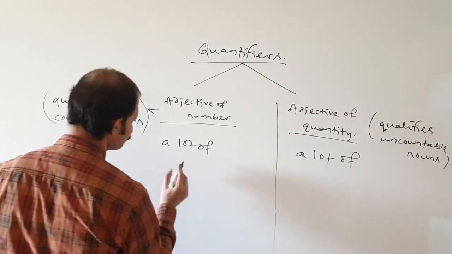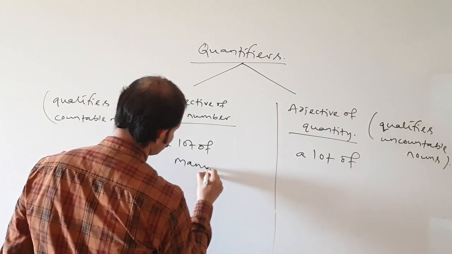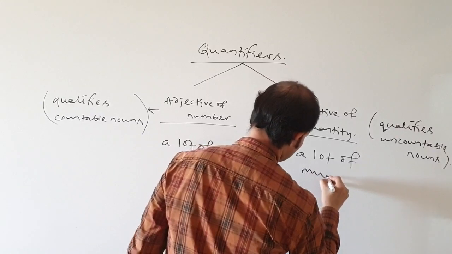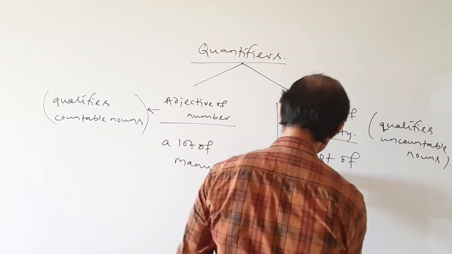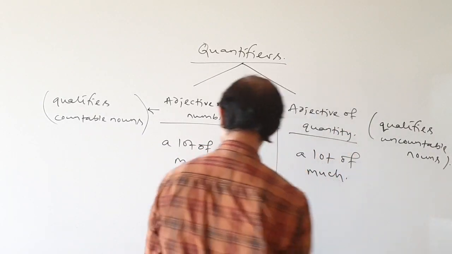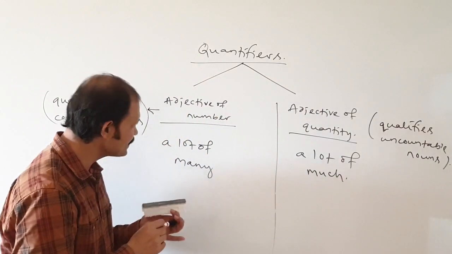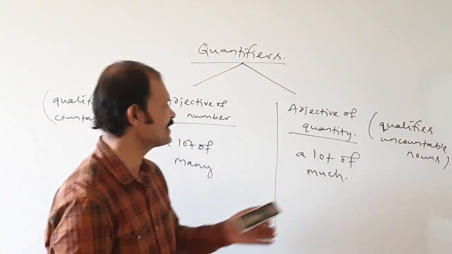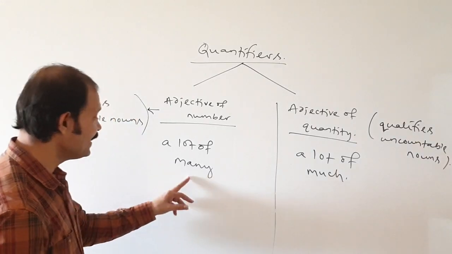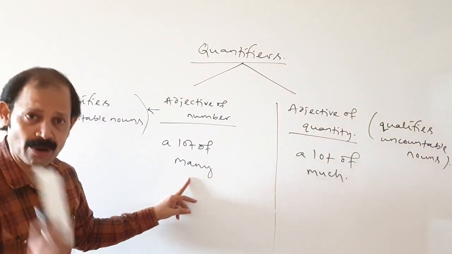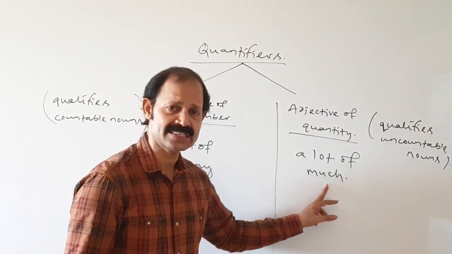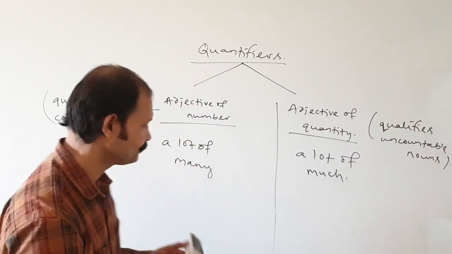Then the second one: many here and much here. Many is adjective of number, much is adjective of quantity. Many is used to describe countable nouns and much is used to describe uncountable nouns. How?